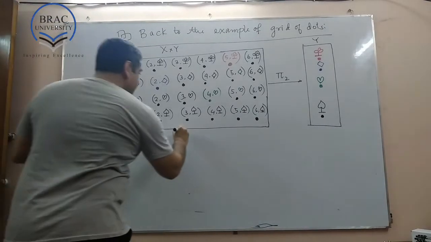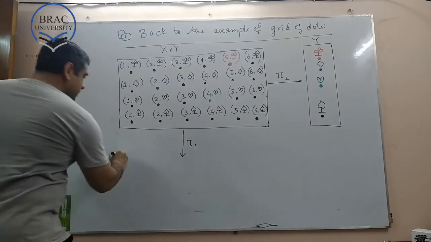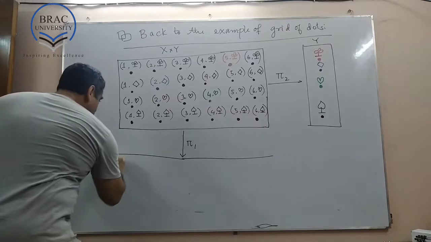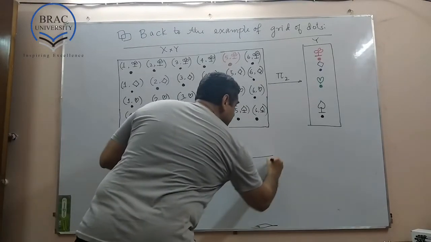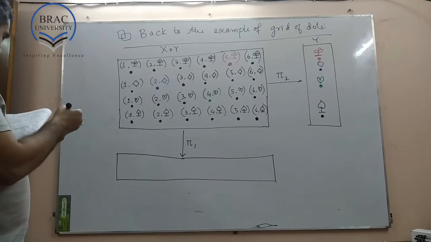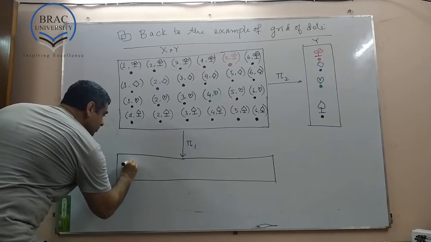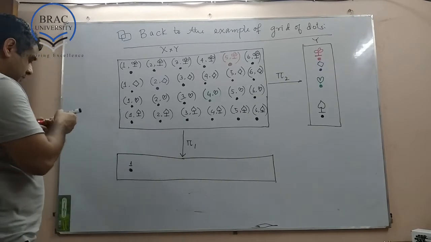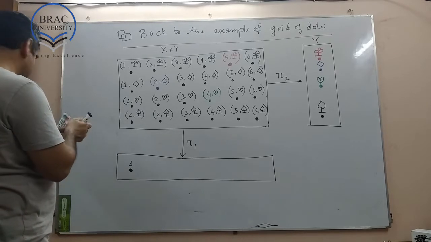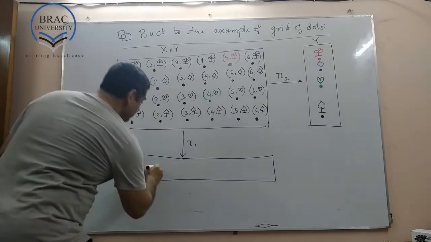Now we have this pi 1 map, which is the projection onto the first factor, which projects the product X cross Y onto the given set X, which consists of 6 elements. One is given by the black dot, and 2 is given by the blue dot.